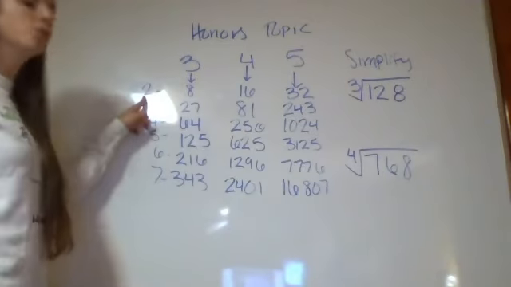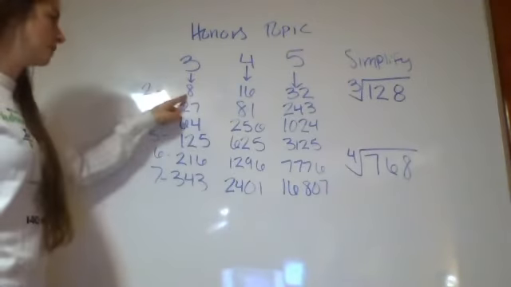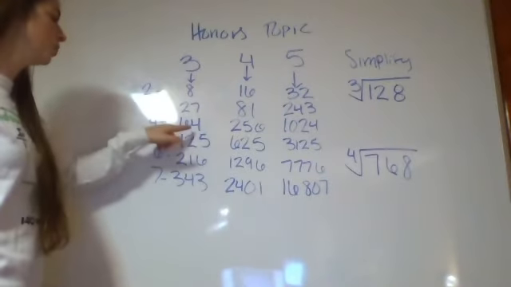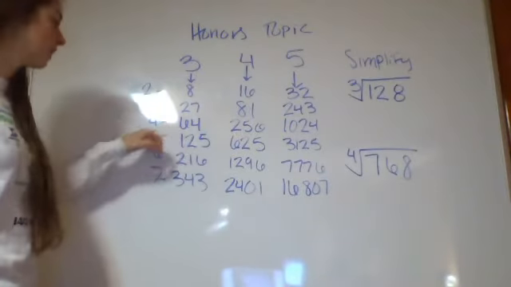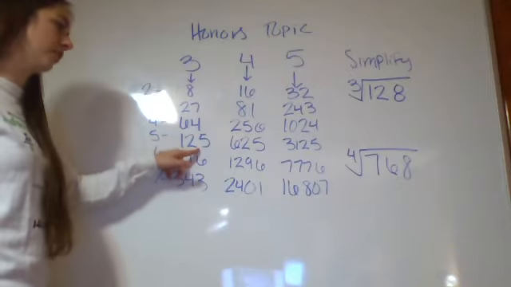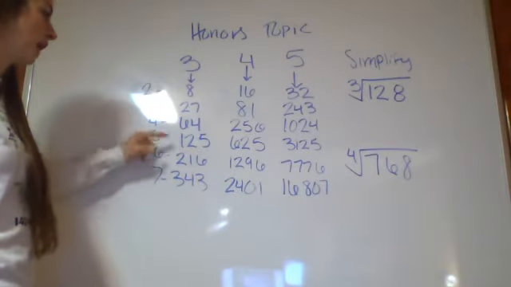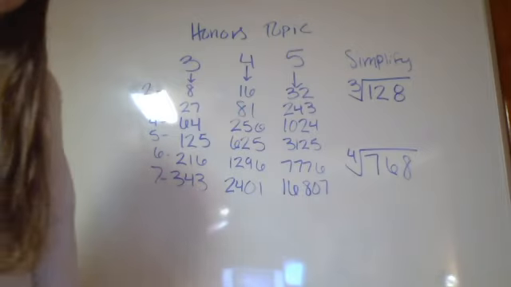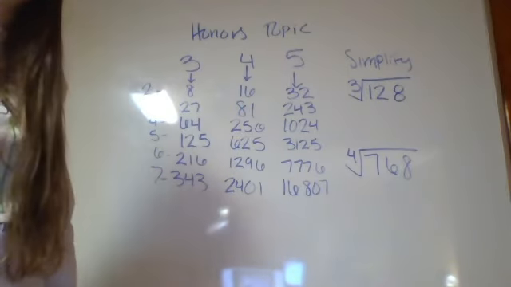So if you took 2 cubed, that gives you 8. 3 cubed gives you 27. 4 cubed gives you 64. 5 cubed gives you 125. So already I only have 4 possible factors that would work of 128.